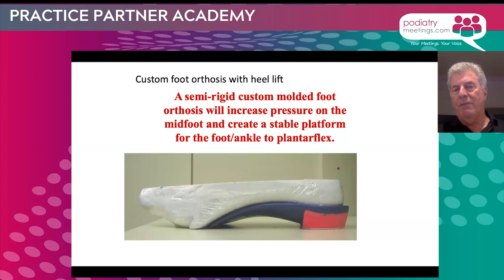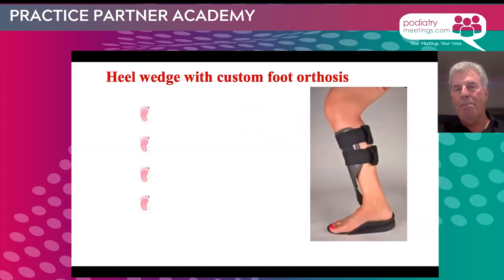You could also get the same effect if you used a custom molded foot orthosis. And in this case, if you applied a heel lift to the orthosis, the entire plate would plantar flex the foot inside of the shoe and not expose the arch to increased loads of the plantar fascia, theoretically.